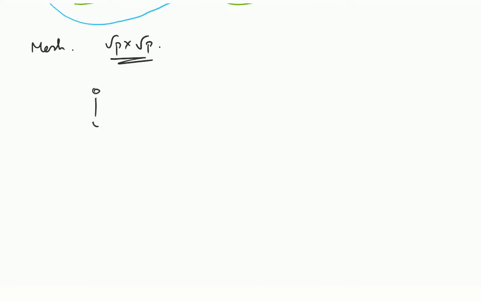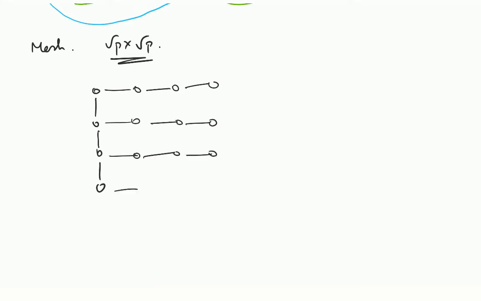Okay. What about mesh? Let's take a 2D mesh of size root p cross root p. Let's just take 4 by 4 for illustration purposes. So let me number these nodes, right?